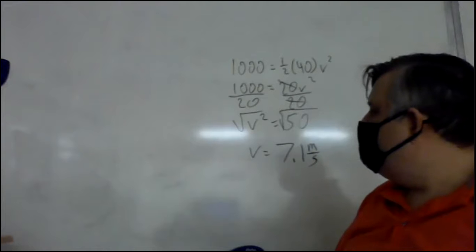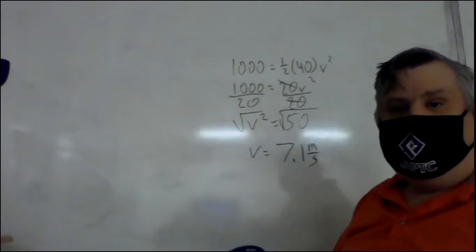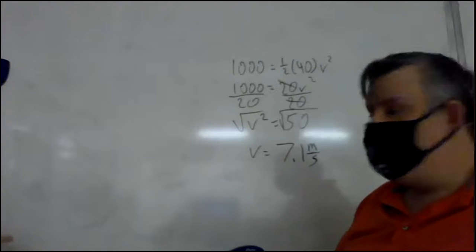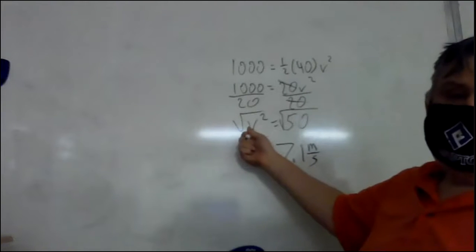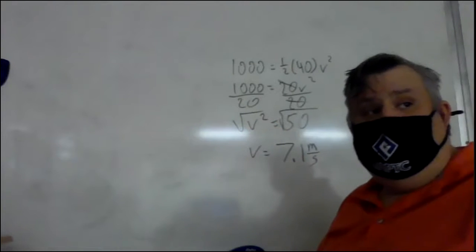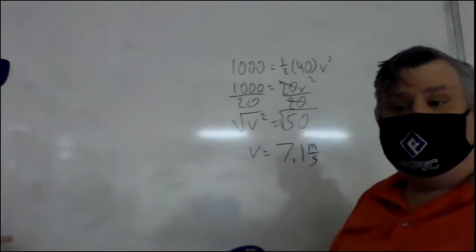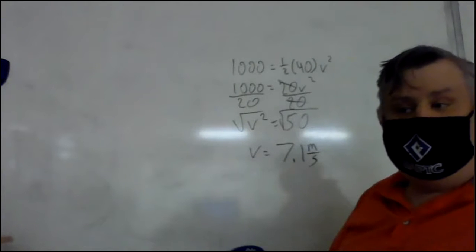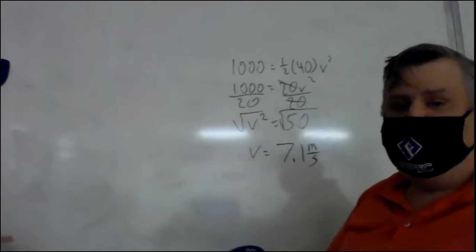So since you're trying to solve for v, but this has v squared in it, you're going to have to take the square root. Here's where you take the square root. You've only got v squared on that particular side. Don't try to take the square root earlier. You'll end up with a mess.